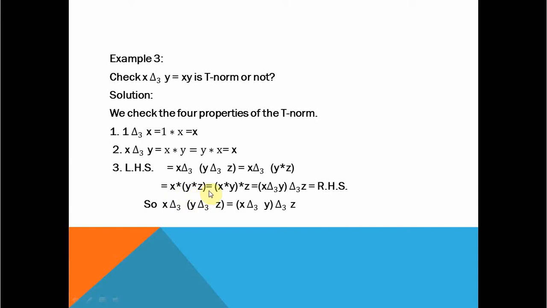But in multiplication the associative property holds. So we can write it this way: (x multiplied by y) multiplied by z. This is equal to (x delta 3 y) delta 3 z. So left hand side is equal to right hand side. So it is proved that x delta 3 (y delta 3 z) is equal to (x delta 3 y) delta 3 z.